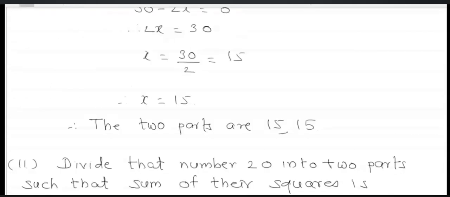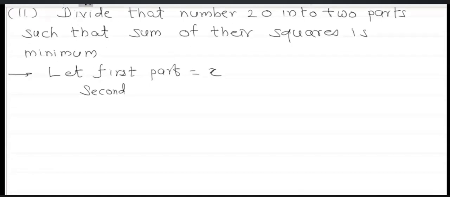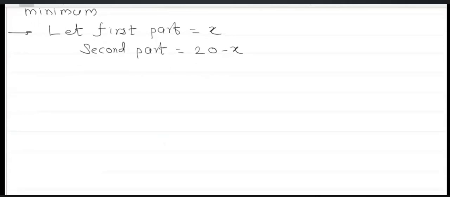Let the first part be equal to x, second part is equal to 20 minus x.